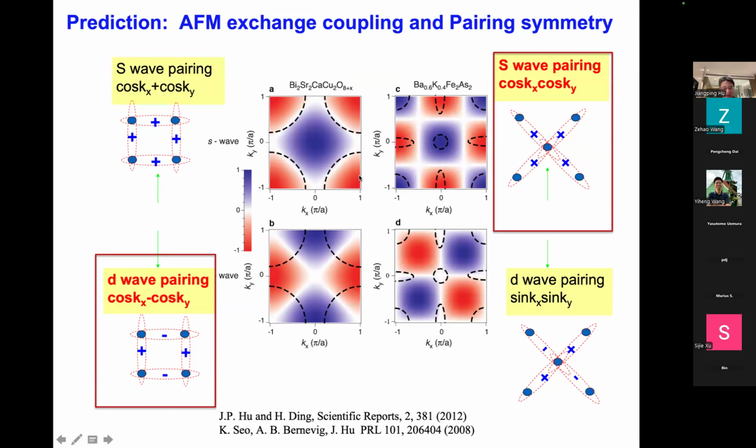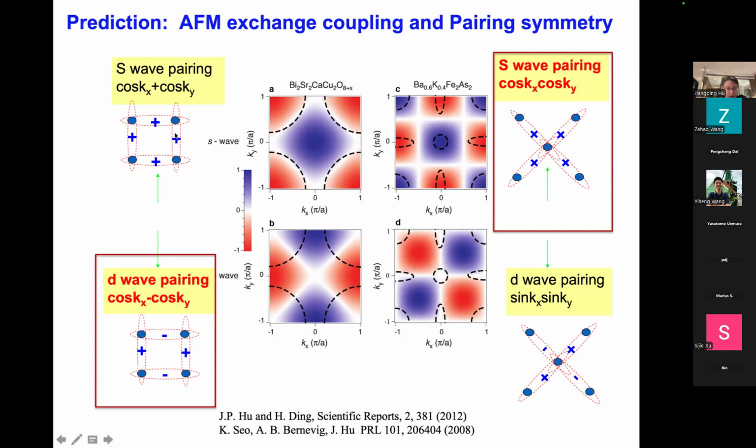We argue that if you compare with cuprates, thinking about the t-J model, the pairing comes from the antiferromagnetic exchange coupling. In cuprates, the antiferromagnetic exchange coupling is from the nearest neighbor copper atoms.